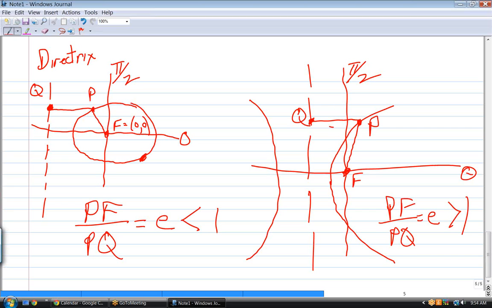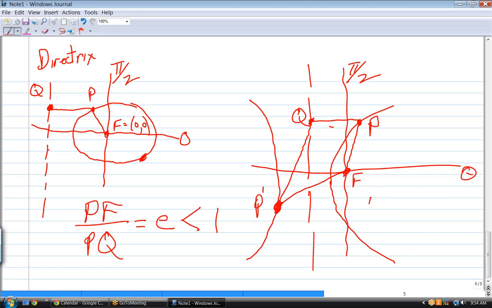And that's measured from either part of the hyperbola. In other words, if I want to measure this and put another point, I'll call P prime, well, P prime F. Let me add one more thing here.